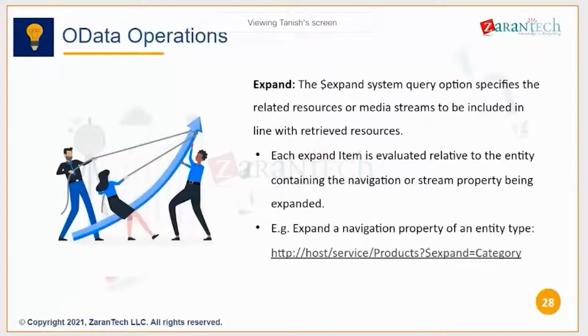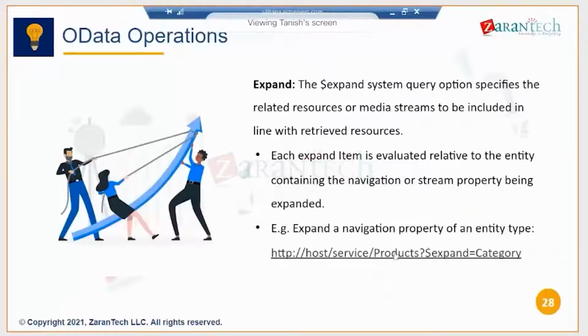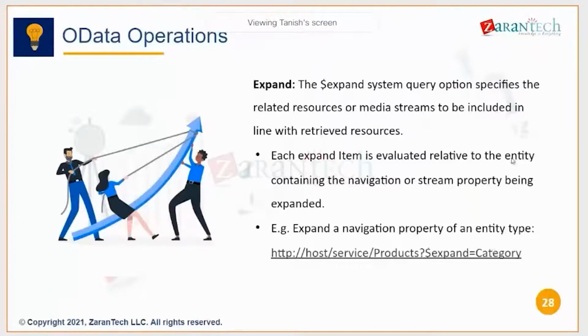So this is basically associated with navigation properties and associations that we are going to create. For example, one navigation from header item is going to many line items. In that case, the header item will be in the products place here, and the line item will be in the expand place. Expand a navigation property and an entity type. This is an example here.